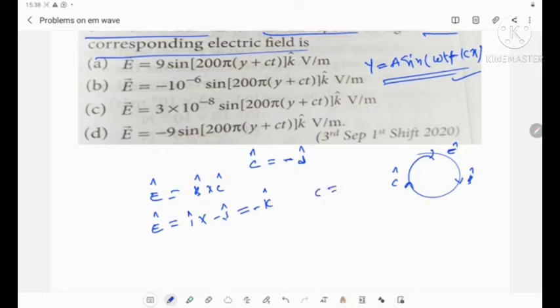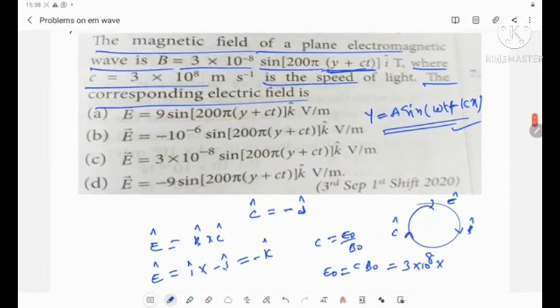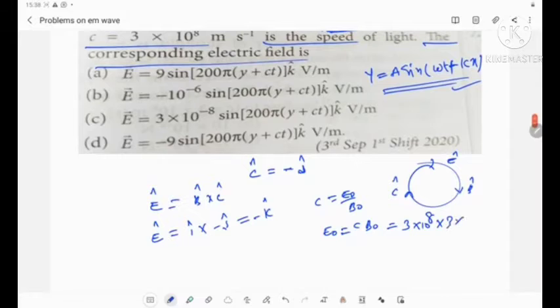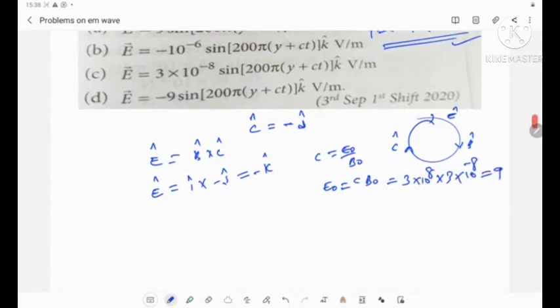But here C is equal to E naught by B naught. Therefore E naught is equal to C into B naught. C is 3 into 10 to the power of 8. B naught is the amplitude of magnetic field, which is given as 3 into 10 to the power of minus 8. This becomes 9.